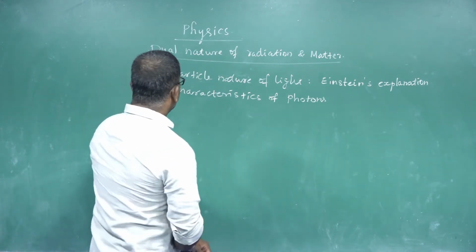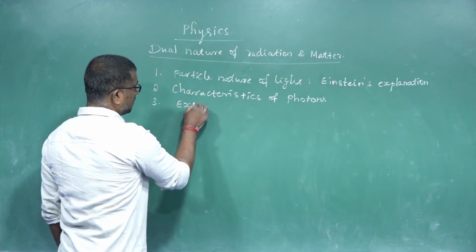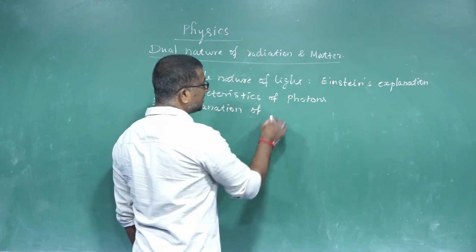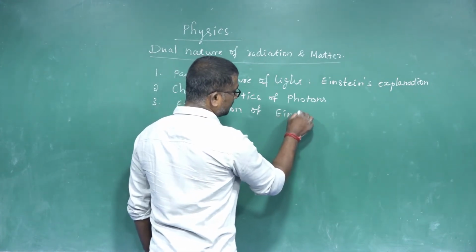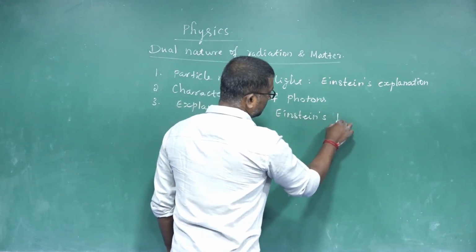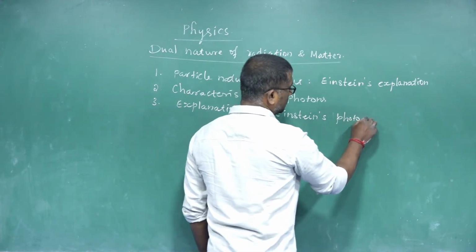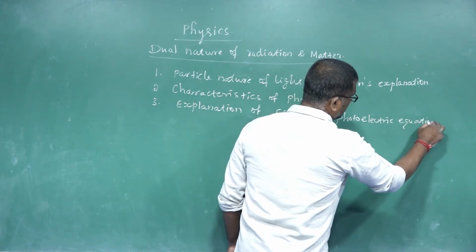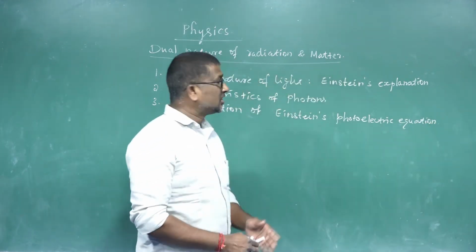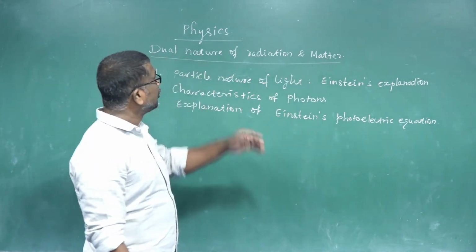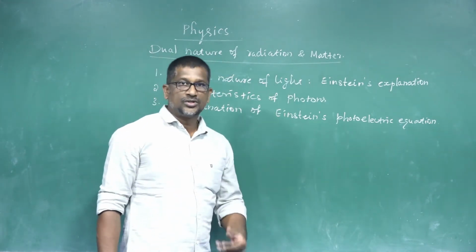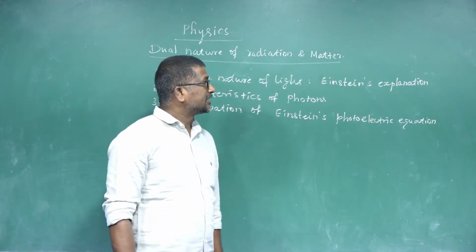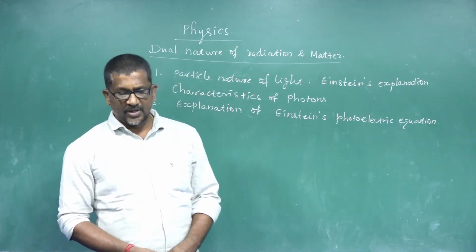Next, explanation of Einstein's photoelectric equation. So these are the topics in the chapter Dual Nature of Radiation that we are going to discuss. First we go for the particle nature of light, explained by Einstein.